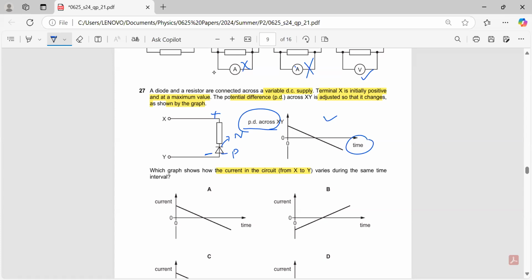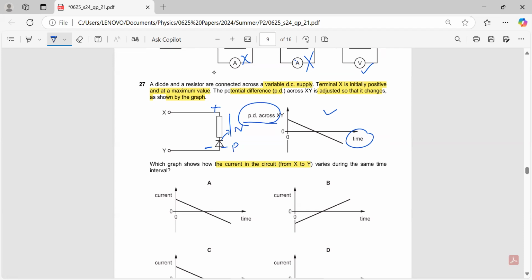In the reverse bias situation, the n-type side is connected to the positive terminal of the battery and the p-type side is connected to the negative terminal. So here it will not allow the current to pass through it. Initially, the current will not flow through the diode.